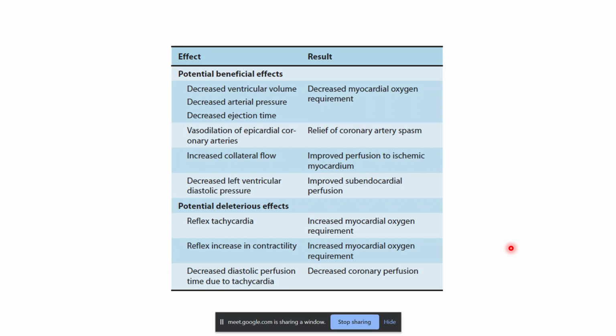So the primary result of nitroglycerin is a relaxation of veins with increased venous capacitance and decreased ventricular preload. Pulmonary vessel pressures and heart size are significantly reduced. In the absence of heart failure, cardiac output is reduced because venous capacitance is increased.